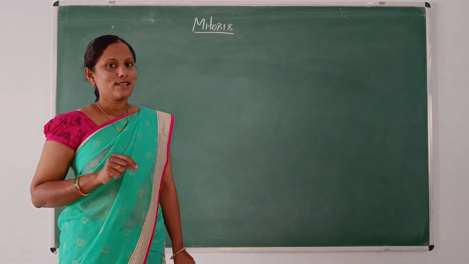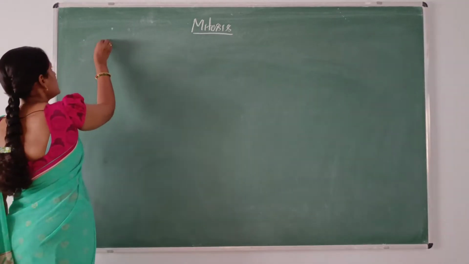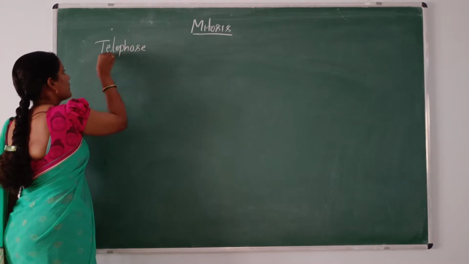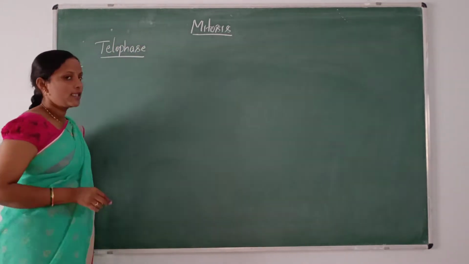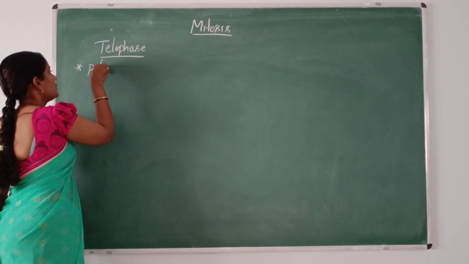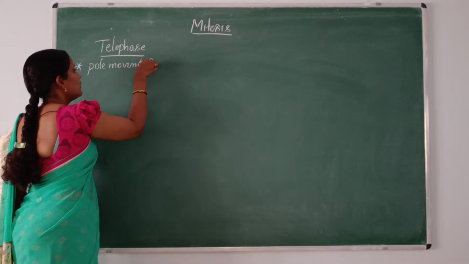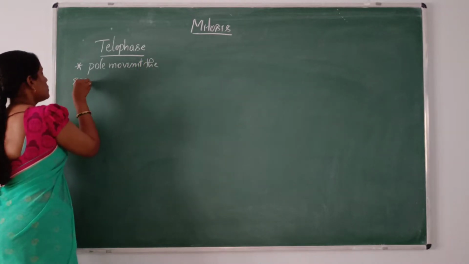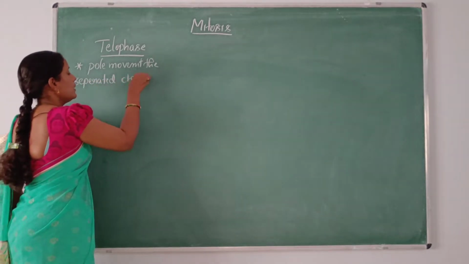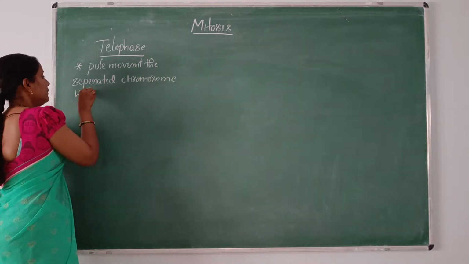Now we shall discuss the last phase in the mitotic cell division, that is the telophase. The telophase begins when the pole movement of the separated chromosomes completes.